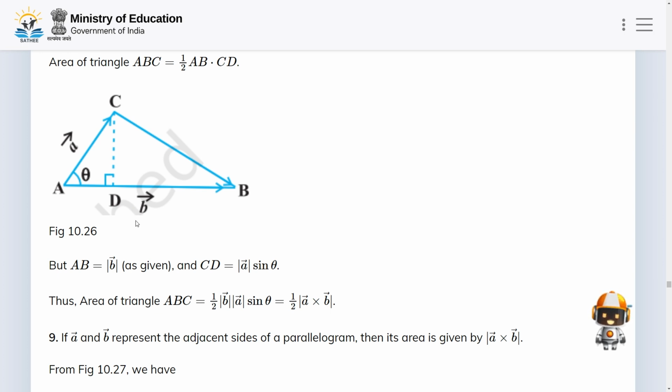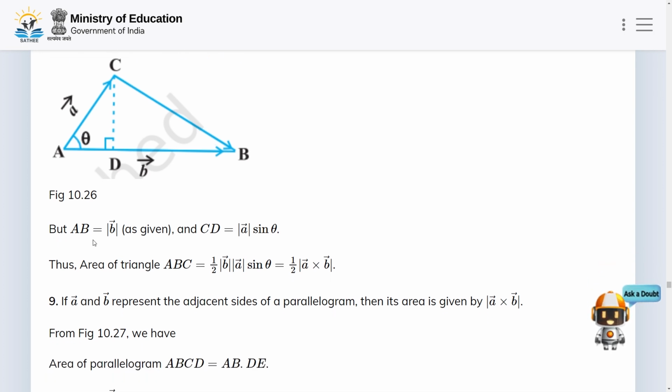And CD, or DC, whatever you want to say, will be the magnitude of A multiplied with sine theta.